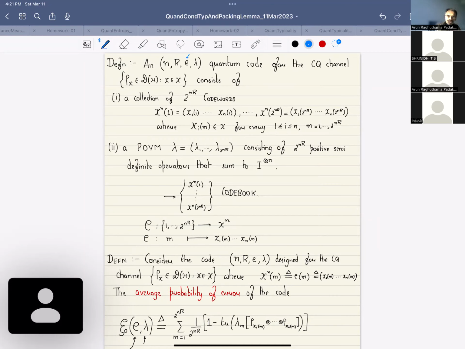Put a thumbs up if it's clear. Okay. Is definition 2 clear? If you don't, just put a thumbs down or something. And I'll come back to it next time.